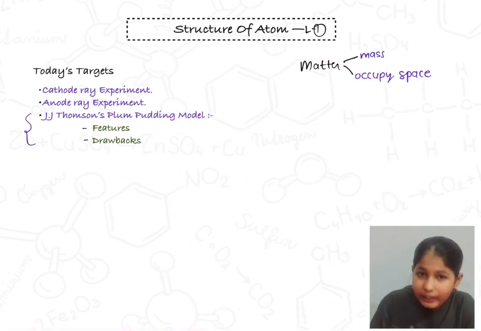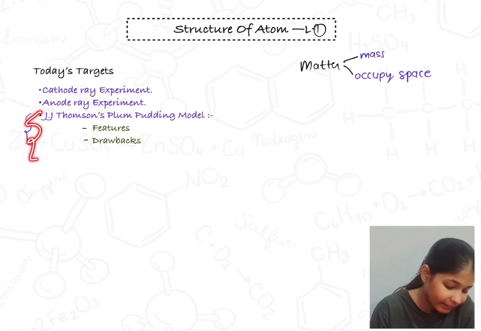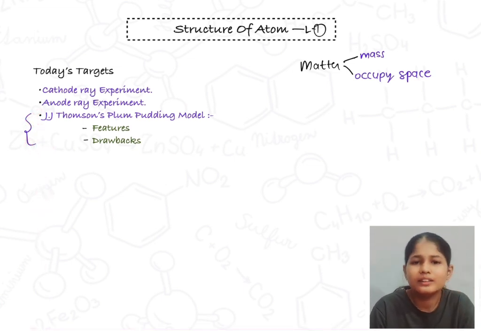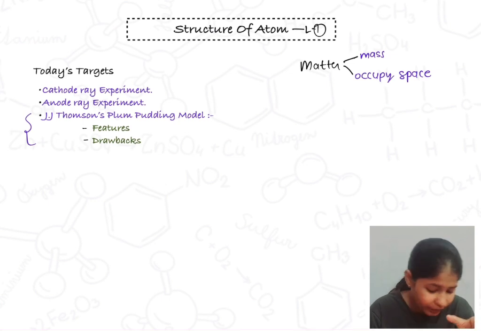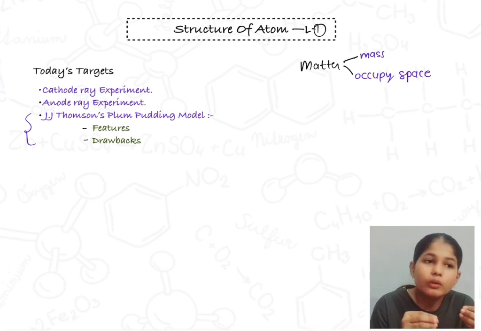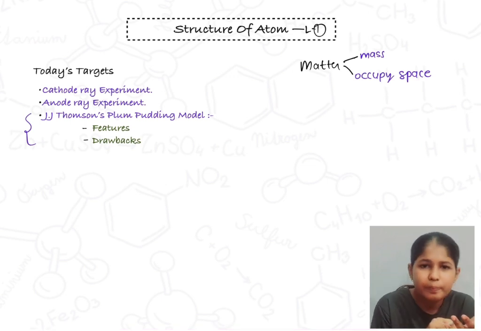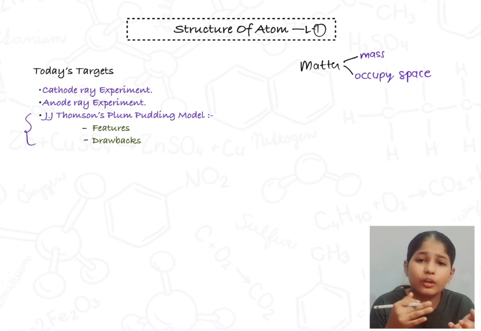This is the contribution of many scientists till now: J.J. Thomson, Rutherford, Bohr's model. Some other scientists also contributed towards this modern atomic model. At that time the competition started over how the atomic model would be. Each scientist had their own imagination, their own theories.